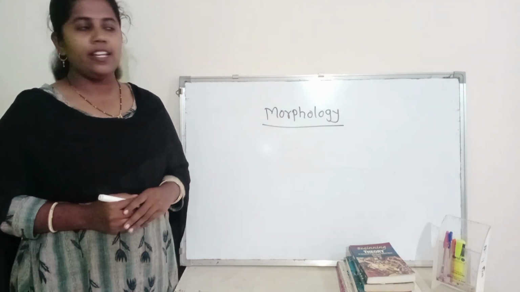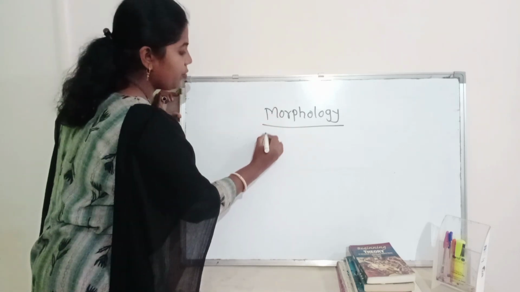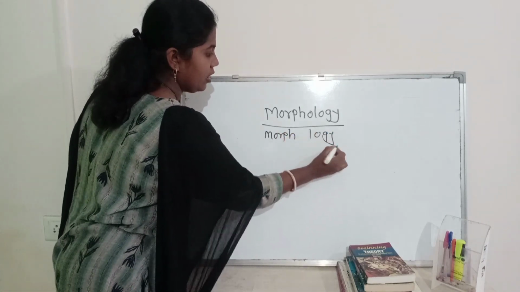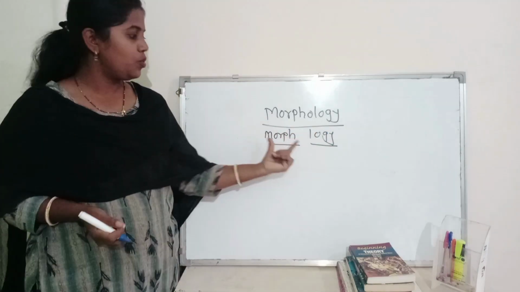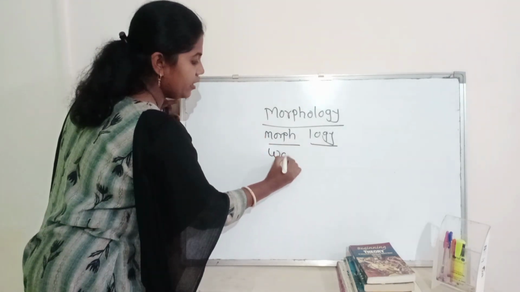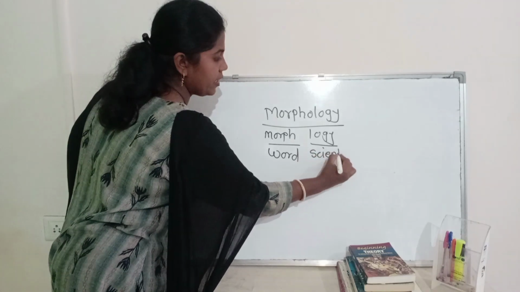And for better understanding, I would like to split this word in two, that is morph and logy. If we think about these two segments, morph means word and logy means scientific study.